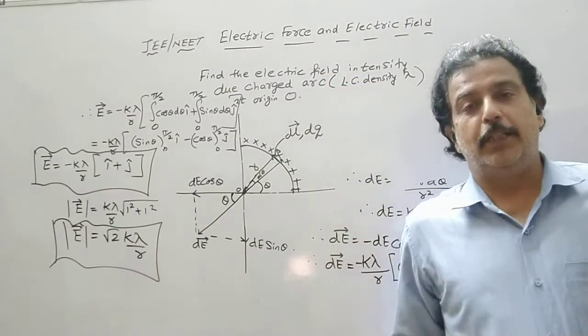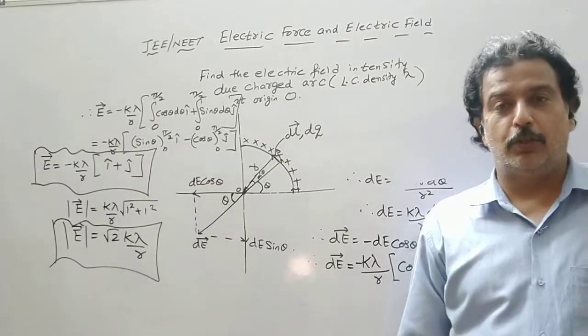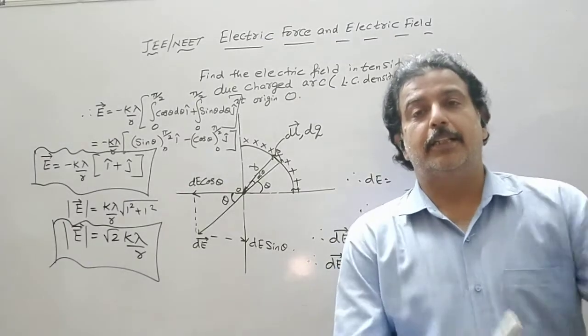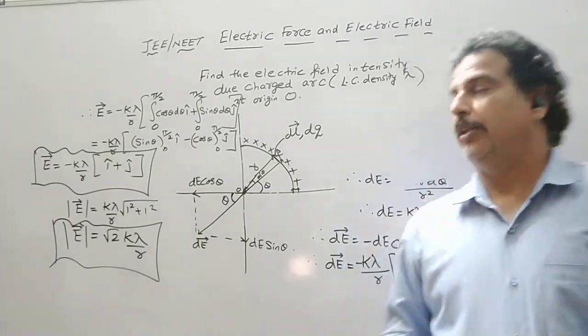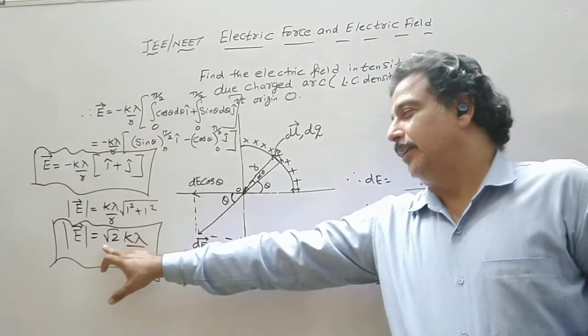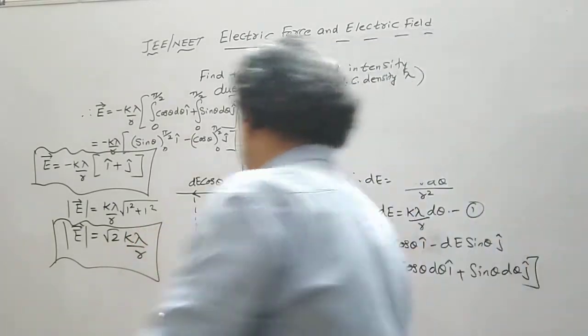We have done different applications in our syllabus using Gauss law, and these are the numericals related to continuous charge distribution. So if you have an arc, then you have to directly remember that root 2 K lambda by R would be your answer.